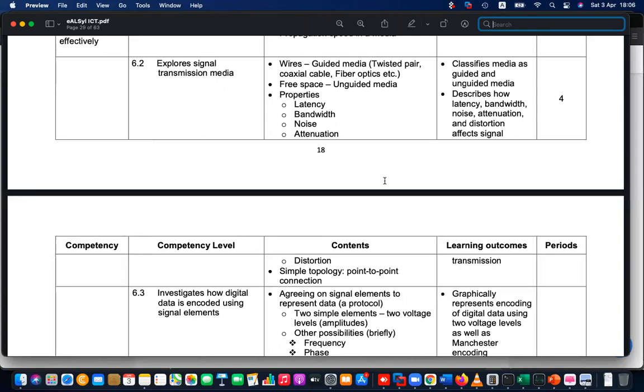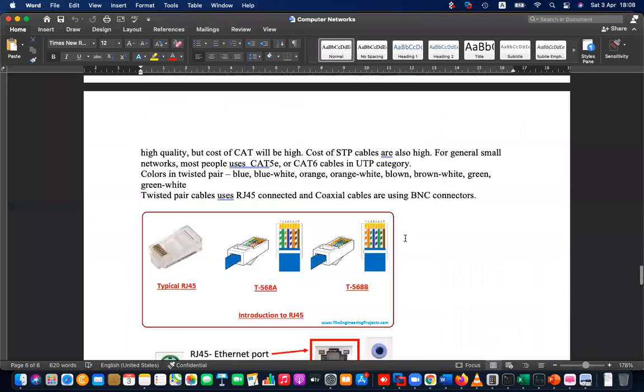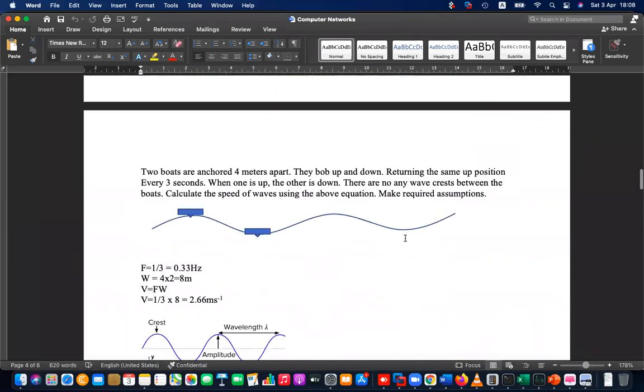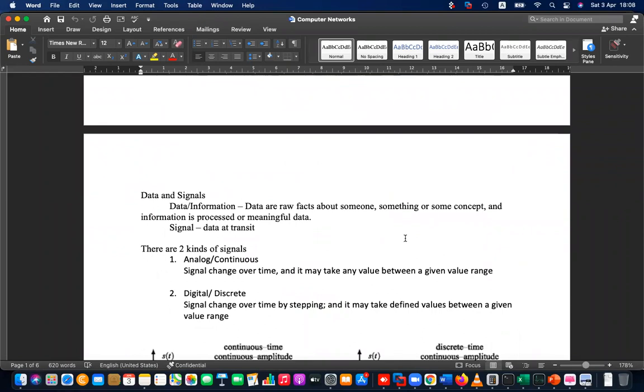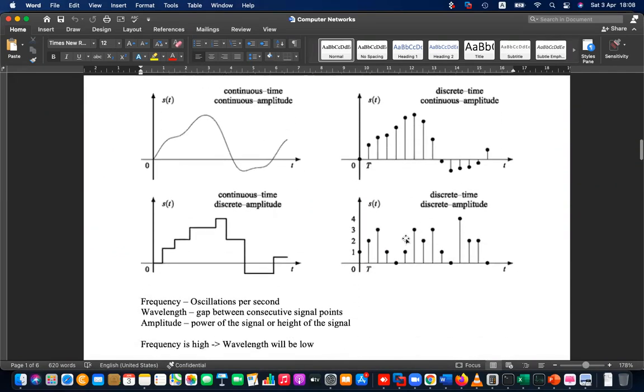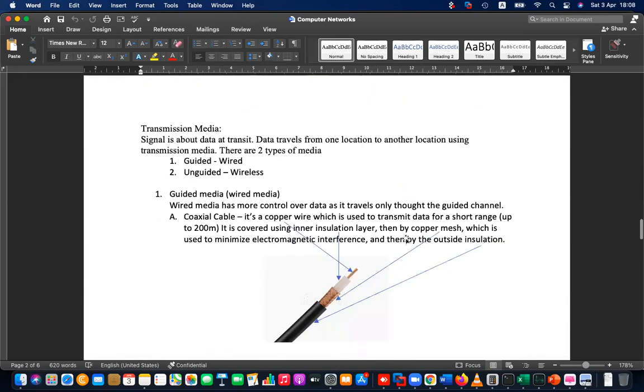Okay, so let's go through these things: latency, bandwidth, noise, attenuation, and distortion. Already we have discussed the media and how signals travel through wired and wireless media, and the properties of the signals like amplitude, frequency, phase, and wavelength. We have already covered that.